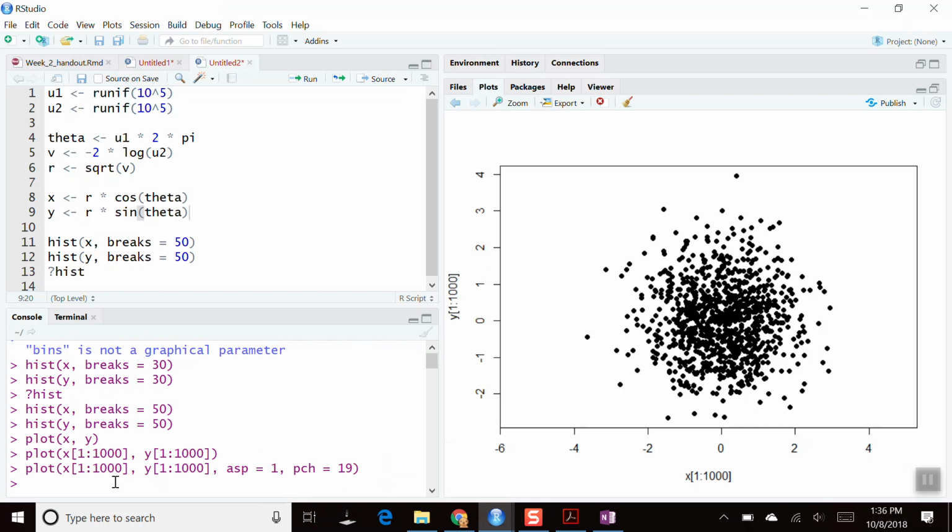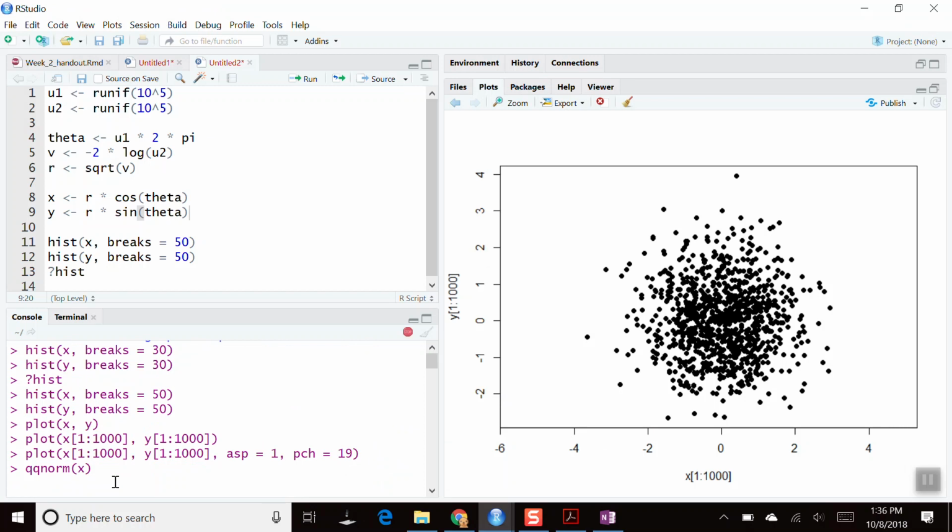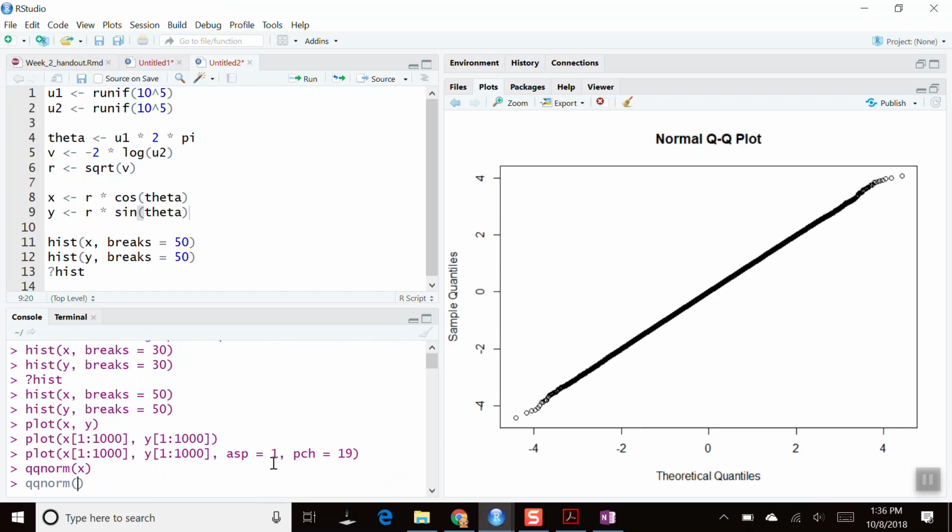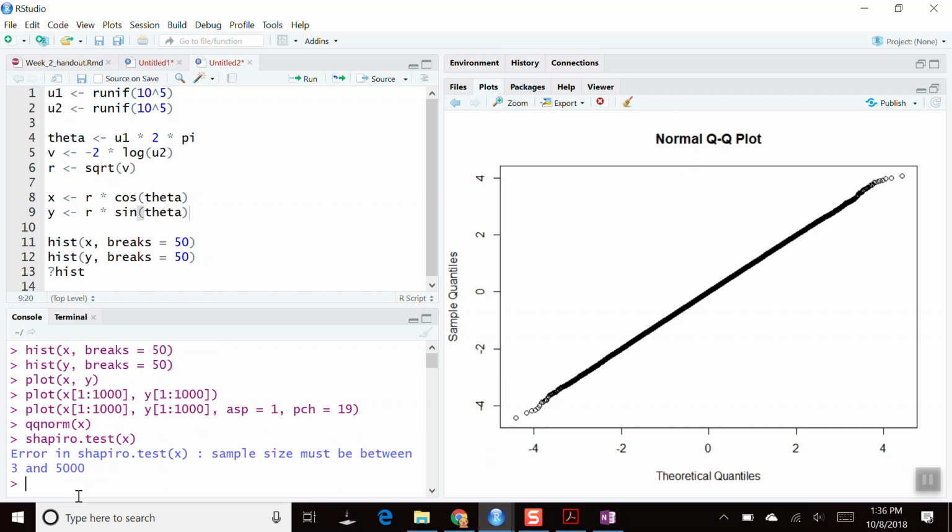We can do more tests. We can do QQ norm on X, okay, my computer's having issues here. Oh, there it is. Okay, so that looks like a straight line for the normal distribution. It's just because I have 100,000 points, right? Okay, and then you can do a Shapiro-Wilk test for X, but it says I've got too many.